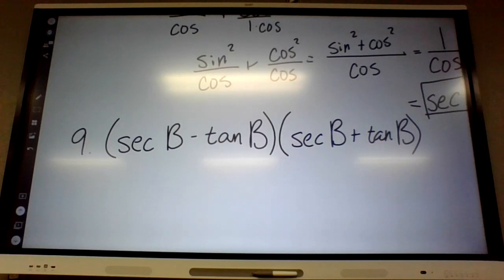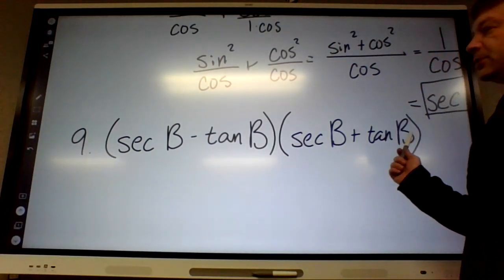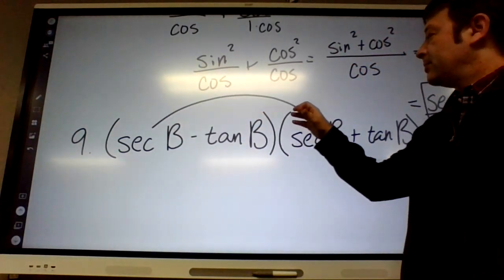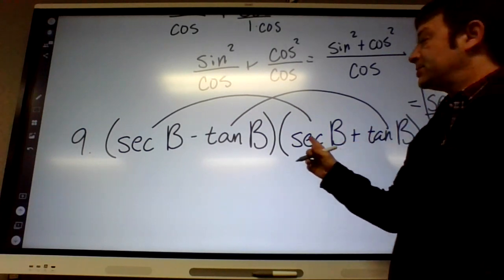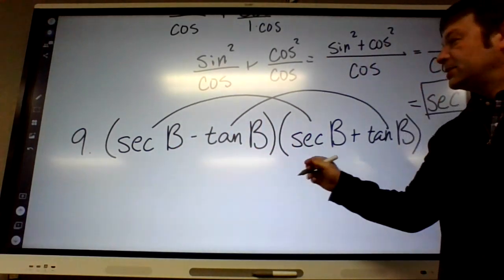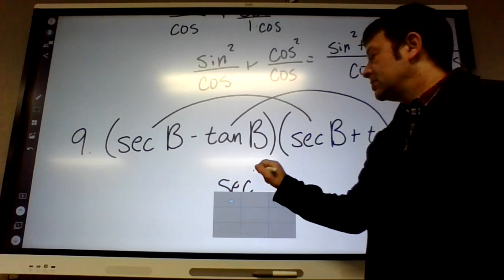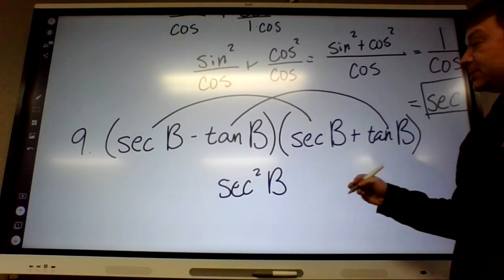What should we do first? We did some of these yesterday. What kind of problem does this look like? A FOIL problem. And when we FOIL conjugates, what happens? The outside and inside cancel out. So we can just do the first, secant times secant, and then negative tangent times tangent.